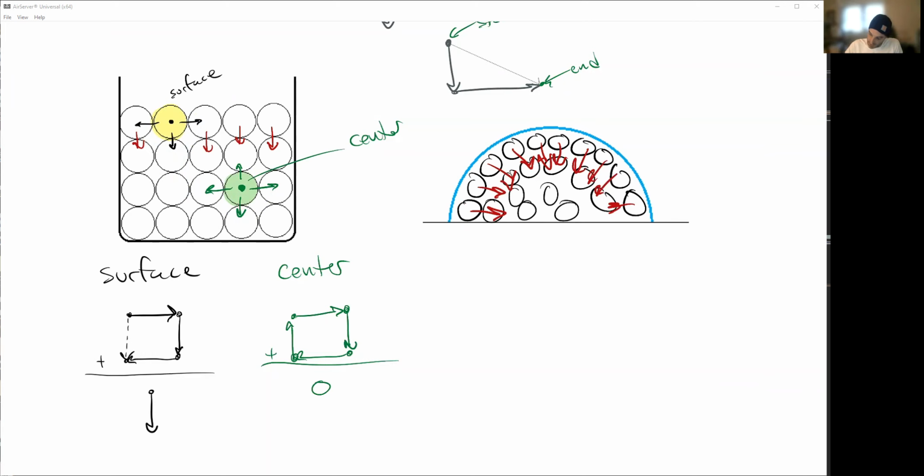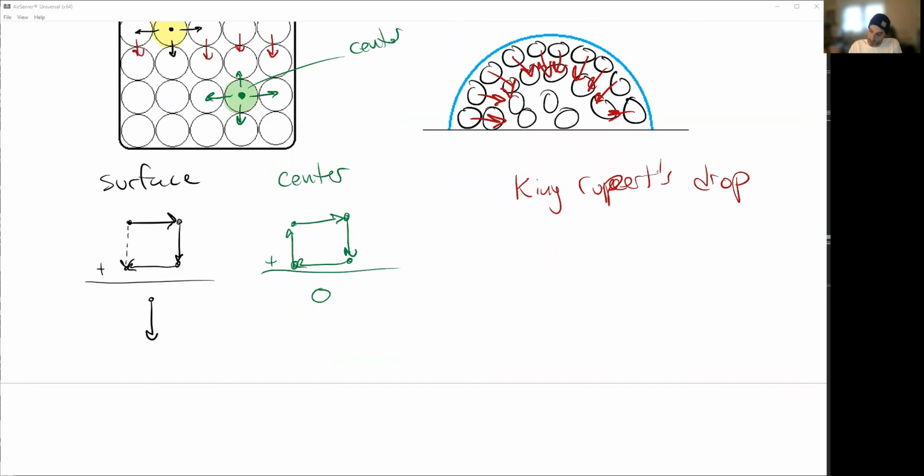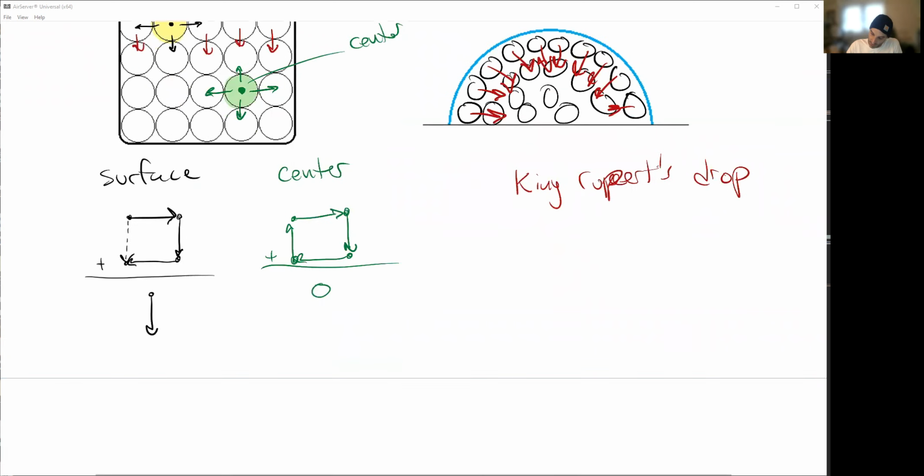I should mention King Rupert's drop, take a look at that. It's when you take some molten glass and you drop it in water. And what happens is as soon as you drop that glass in water, it would look something like this because it cooled really quickly.